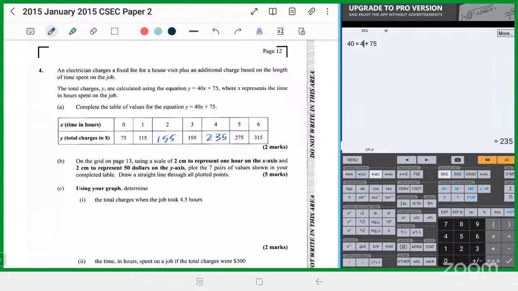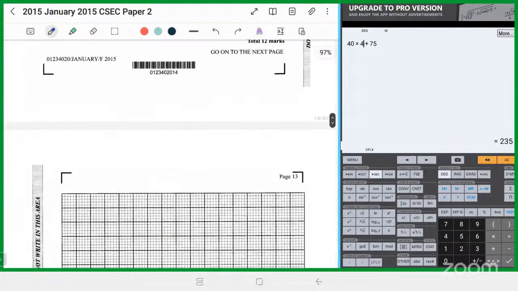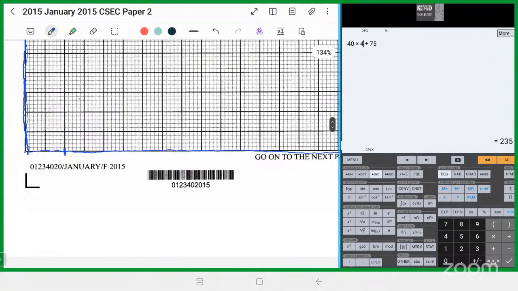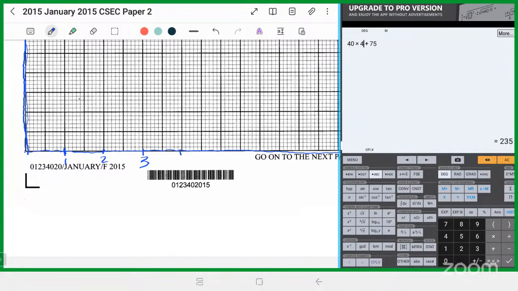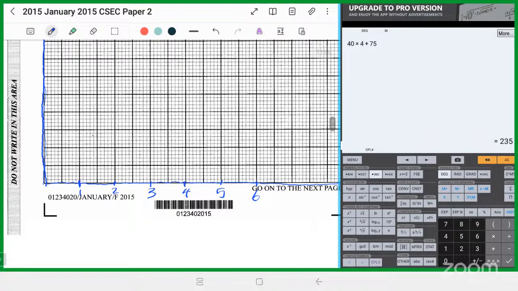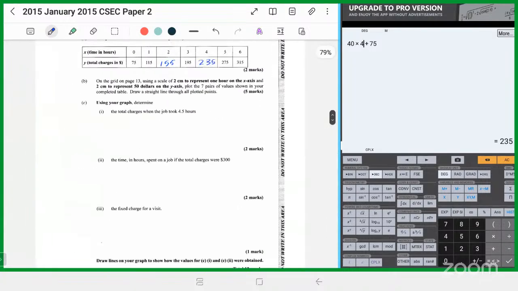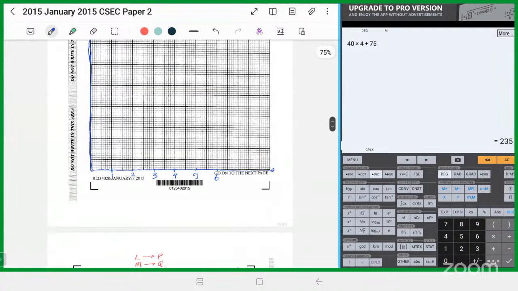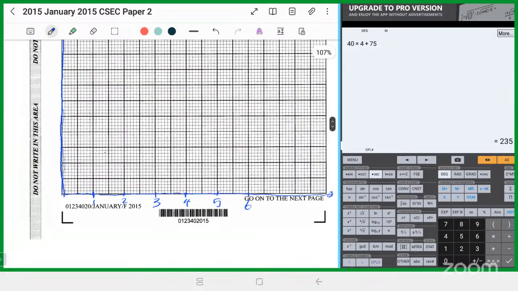So 1 hour, 2 hours, 3, 4, 5, 6 hours. And then 2 centimeters to $50. But do we have to start at 0?